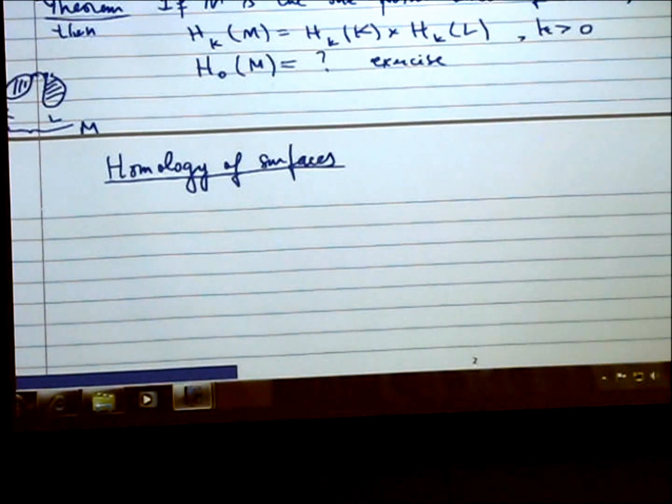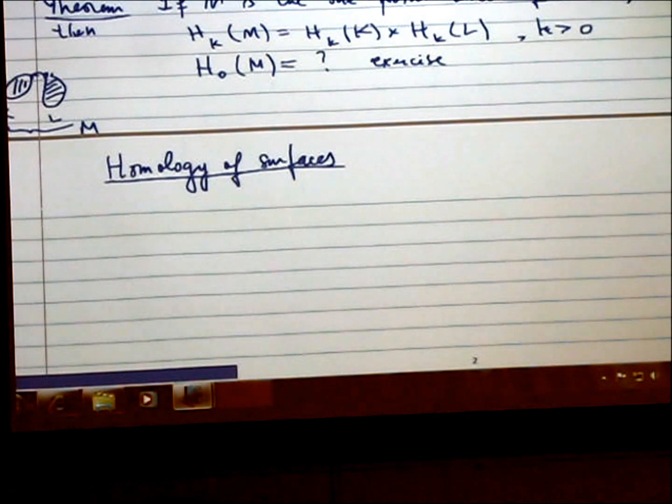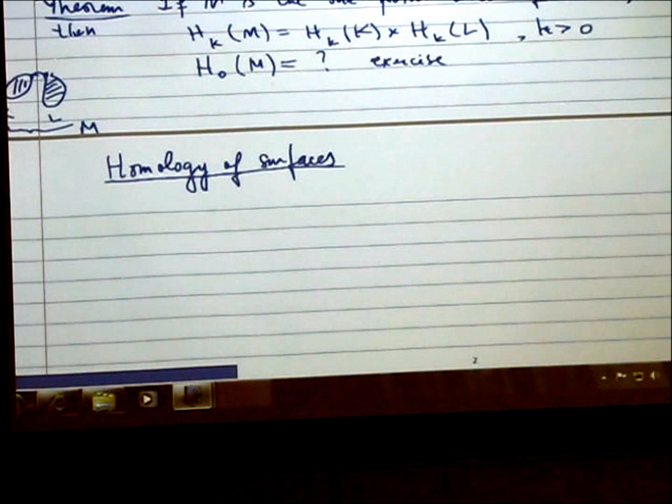And so we stick with vector spaces. It is, frankly, complicated enough as it is. Just homology as a vector space is a lot of things to overcome. So anyway, we are interested in one thing.